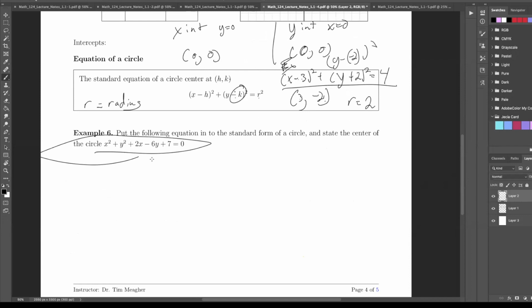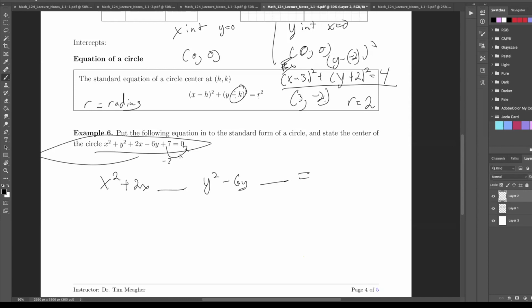All right, now, if you see something like this and it says put it into standard form of a circle, this one gets a little bit more complicated. So here, let me rewrite this to make it easier. I'm going to leave a blank spot right here, and then I'm going to have y squared minus 6y, leave a blank spot right here and say equals, and I'm going to move this 7 over.